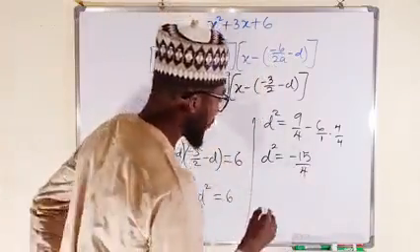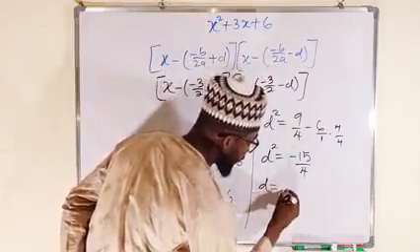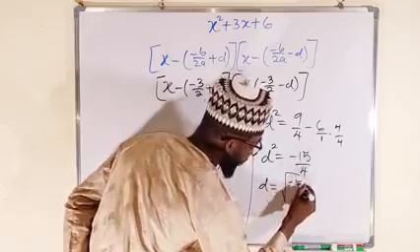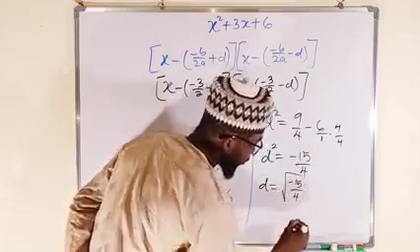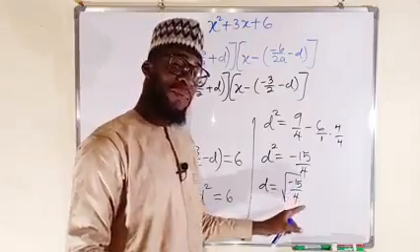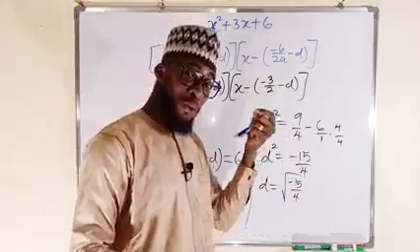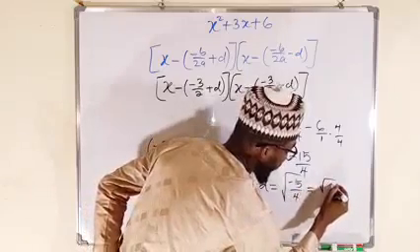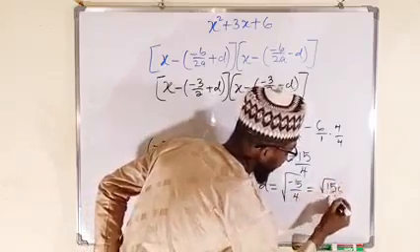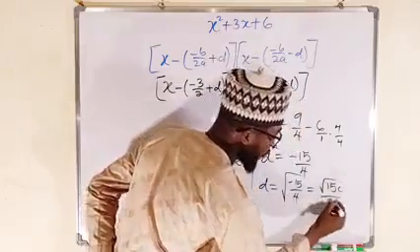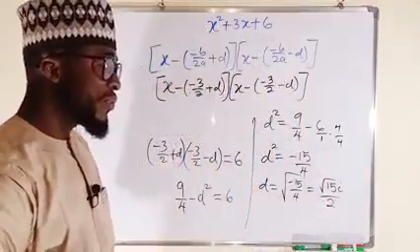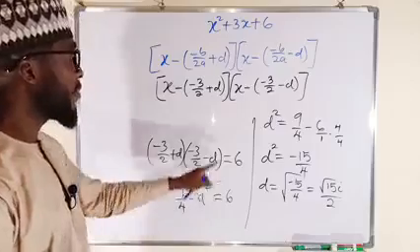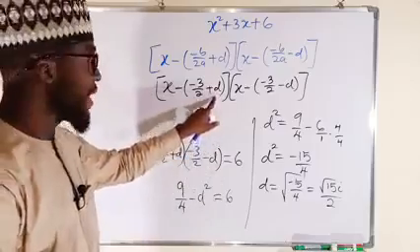Take the square root of both sides. You have d to be equal to the square root of negative 15 divided by 4. Square root of negative 15 is square root of 15i. Square root of 4 is 2. So d is root 15i divided by 2. All we have to do is to bring it back here.